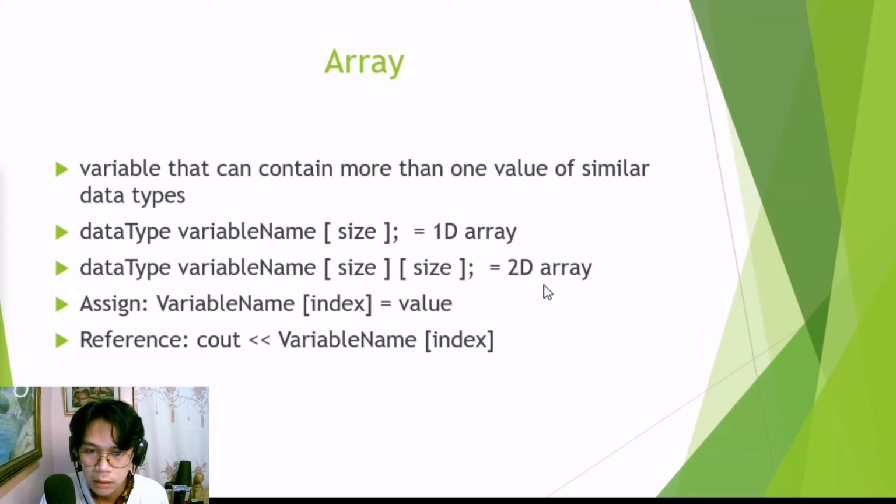For 2D arrays, we use this syntax, so we have two sizes. When we assign arrays, we use the syntax variable name index equals the value, and we call out the array by the syntax cout variable name index.